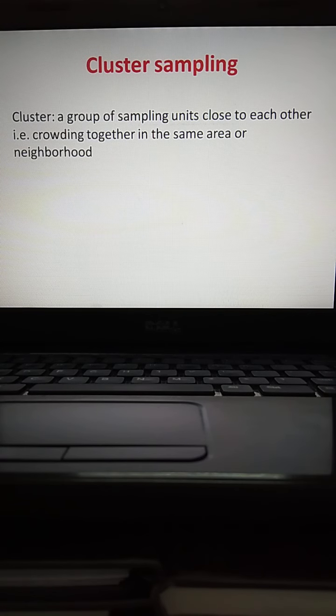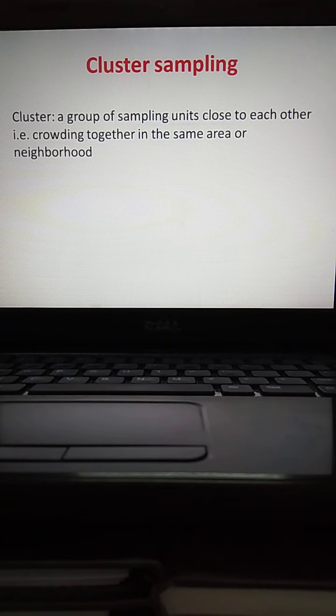Now we discuss the cluster sampling methods. What is a cluster? A cluster is also nothing but a group of units, sampling units. Based upon certain criteria, the population units will be converted into clusters. In a city, all bungalows, all middle class houses, all huts form groups.